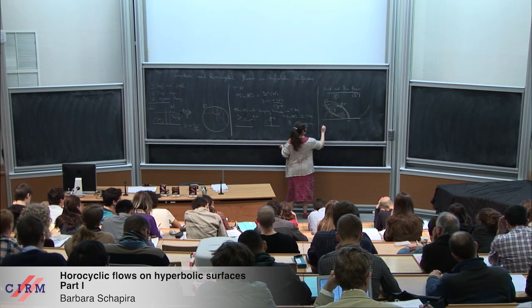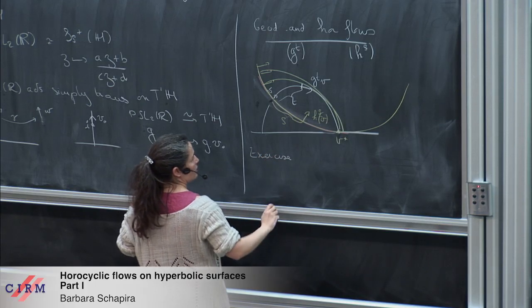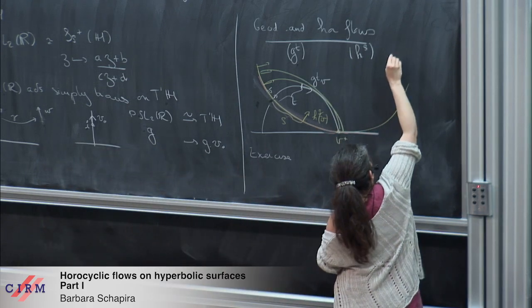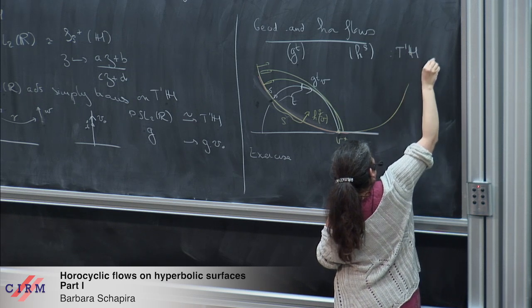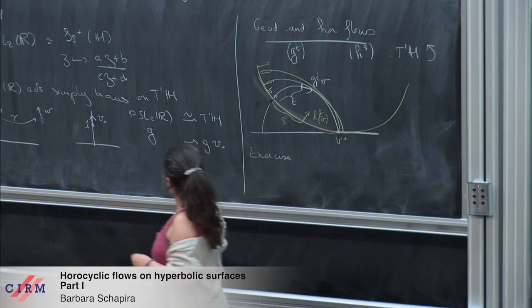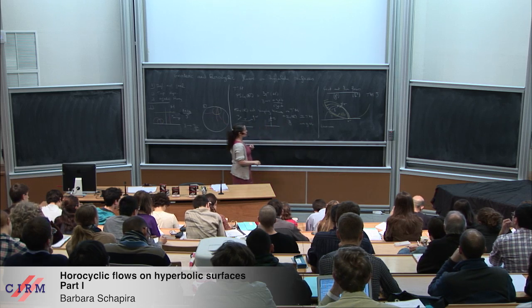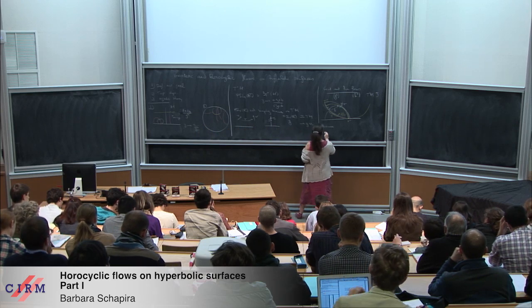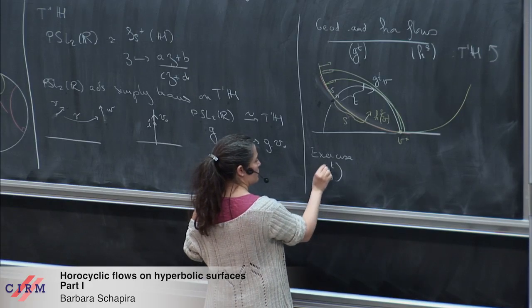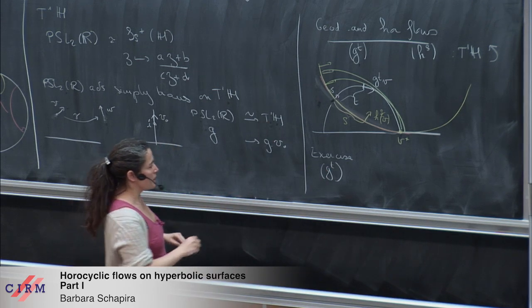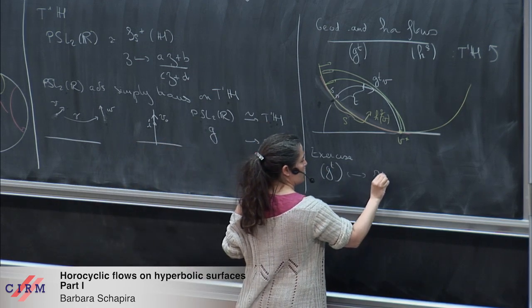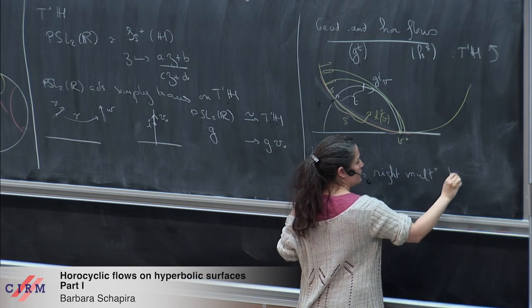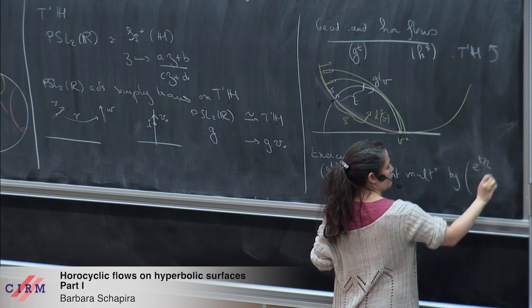A little exercise: these flows act on the unit tangent bundle of the hyperbolic plane. If you look at this identification, it's a simple exercise to show that the action of the geodesic flow on the unit tangent bundle corresponds to the right multiplication by diagonal matrices.